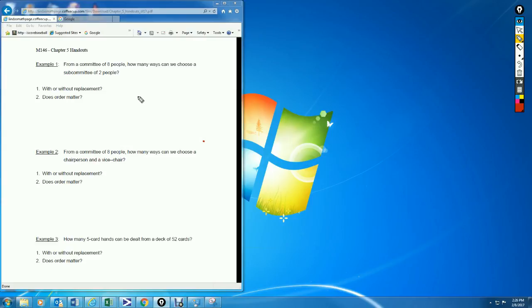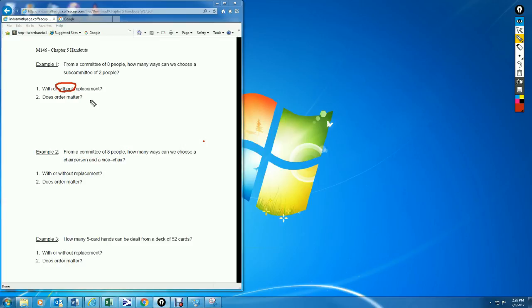So first of all, we're asking with or without replacement. Well, clearly, you want 2 different people. If you pick the first person, you're going to leave them out because you're not going to pick them again, because you want 2 different people. So clearly this is without replacement.